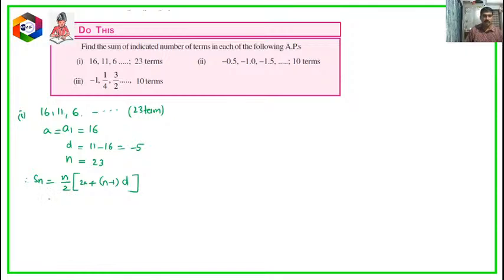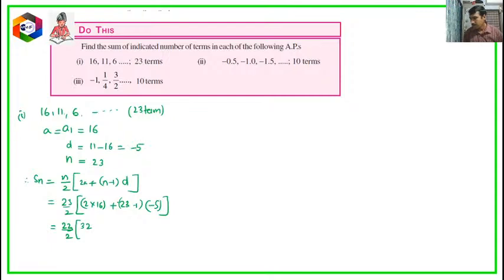So n is how much? 23 by 2 into 2 into 16 plus 23 minus 1 into minus 5. Now the simplification we have to do. 23 by 2, 2 16s are 32, 23 minus 1 is 22, 22 5s. That is very important. Yes, Ankush. Well done. Yes, very good, Ankush.